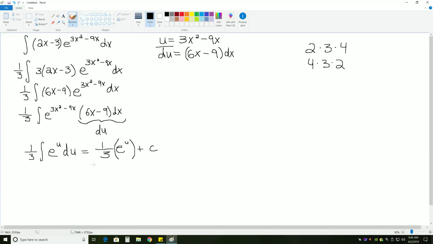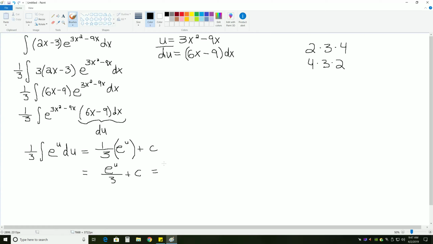And now we just want to go about simplifying this. 1/3 times e to the u is just e to the u over 3 plus c. And now finally, we'll substitute our value of u back in because we didn't start this problem with u. We started it with x.